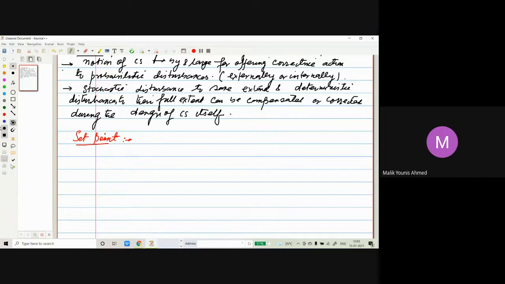I have told you the control variable, or process variable, is basically the output of the system. You should always remember them. We also name it a process variable, or we also call it an output of any control system. So what is set point?